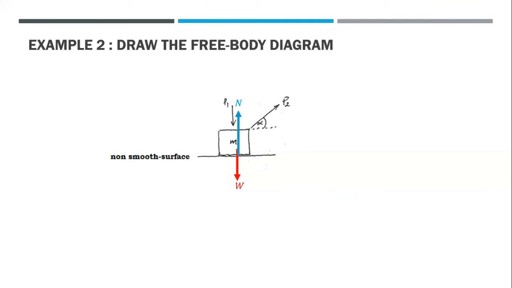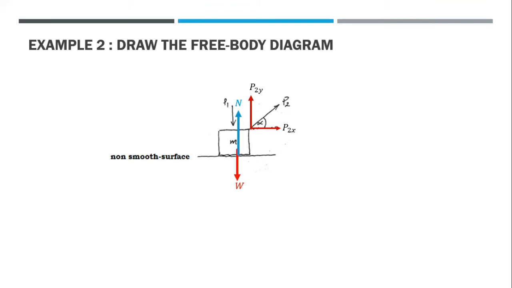Okay, the second one is a pull or push force. We can identify for this object there is one force, but the symbol is P2. And P2 does not lie on the x-axis, so we have to do the projection. The projection of P2 will create P2x and P2y. Is it right, everyone?